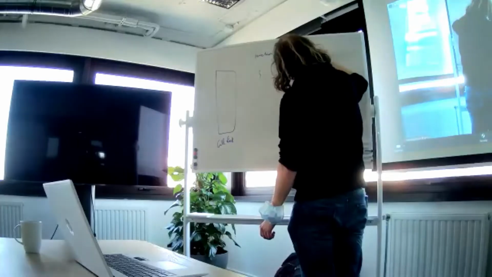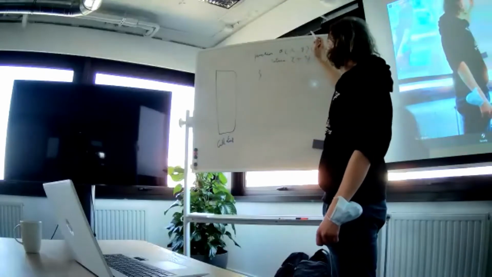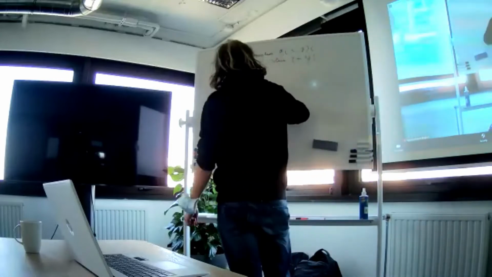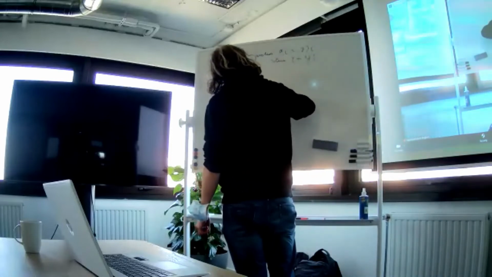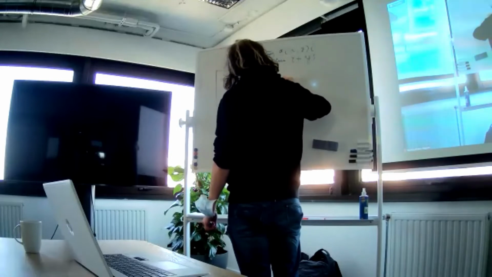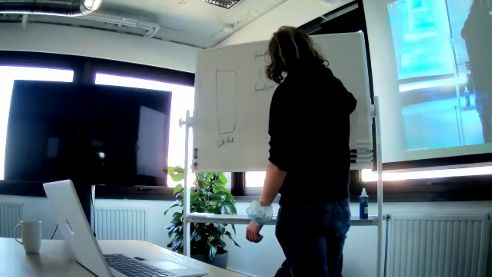Let's say we have a simple program that has a function A. Is this readable or not readable? Small. So we have a program with a function A that takes two arguments, sums them and returns them. Then we have a second function, a function B that also takes one argument.